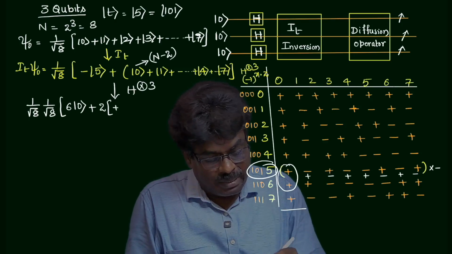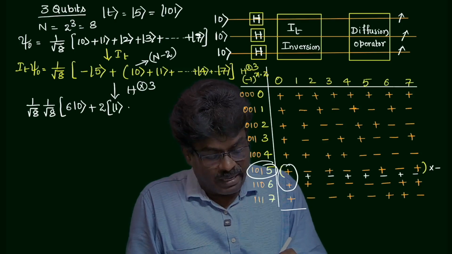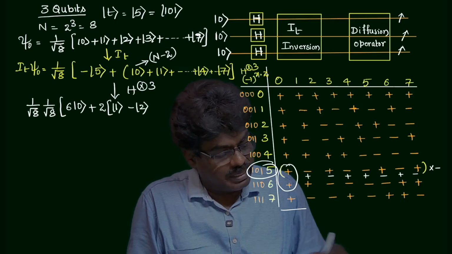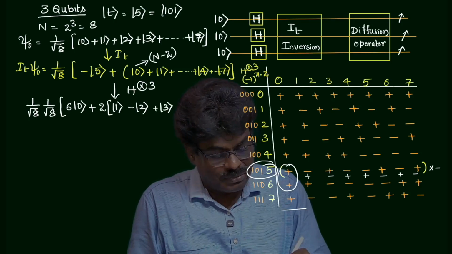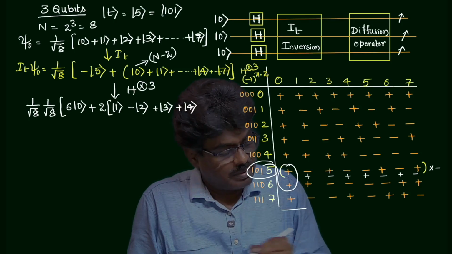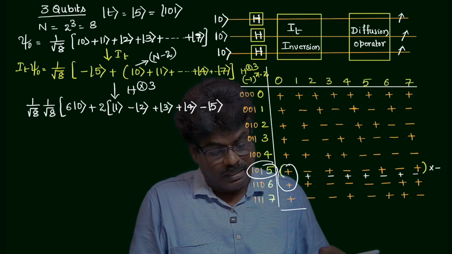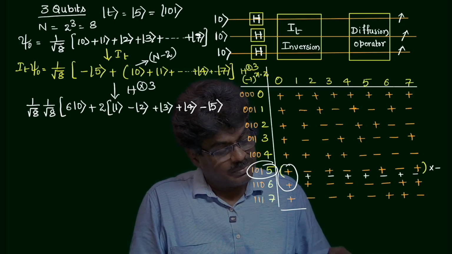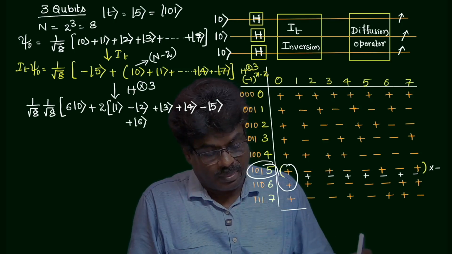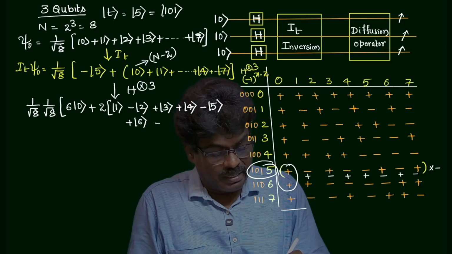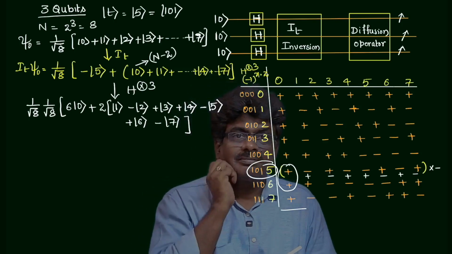That is plus 1, and after that minus 2. I hope you understand. Plus 3 and plus 4, minus 5, and minus 5 and plus 6. And minus 7. It's nice.